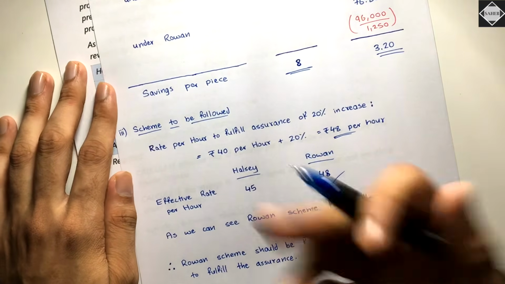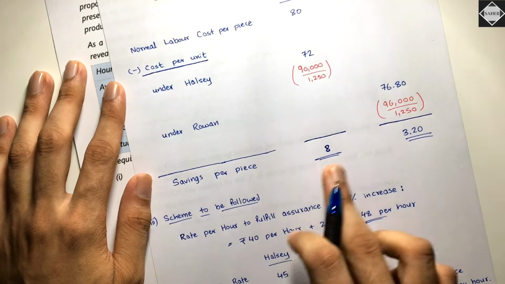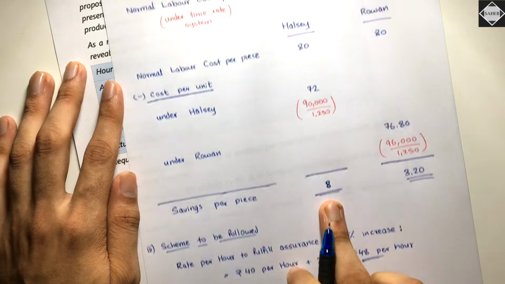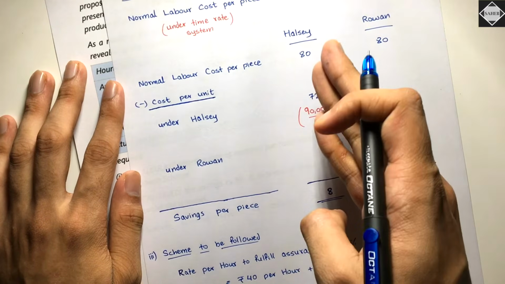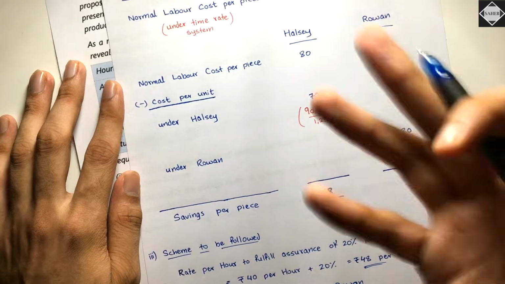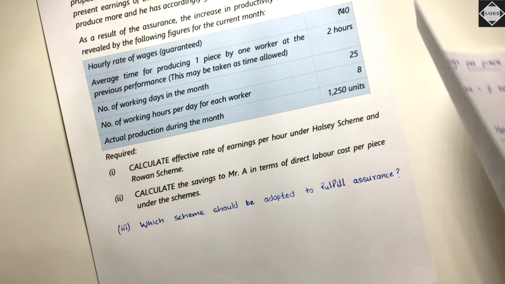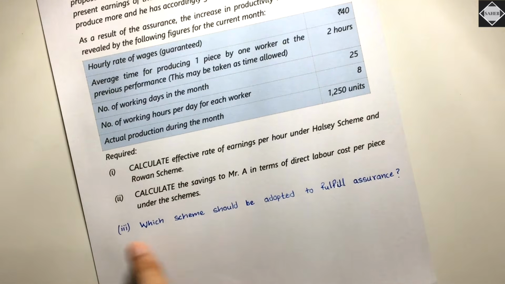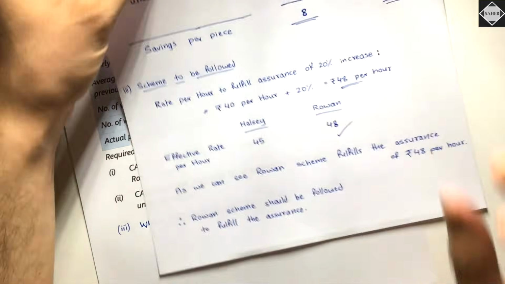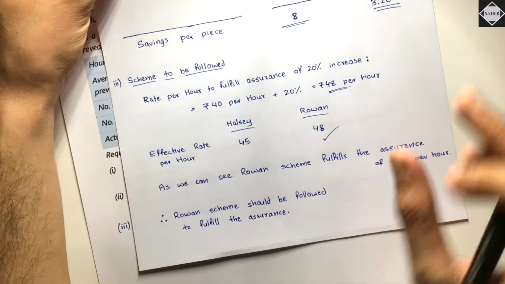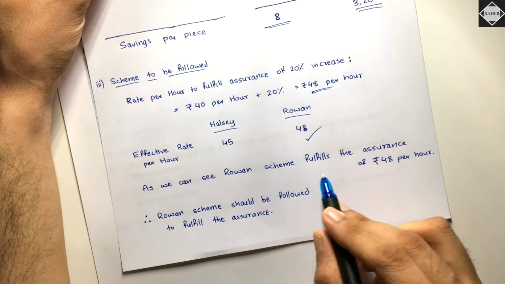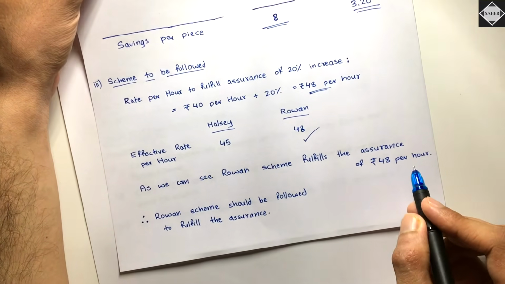But from the company's point of view, saving is more under Halsey. So if the assurance is not important, then you should have gone for Halsey. But since the assurance is there, to get the marks in the exam and to properly answer this question, you have to suggest the Rowan plan. As we can see, the Rowan scheme fulfills the assurance of rupees 48 per hour.